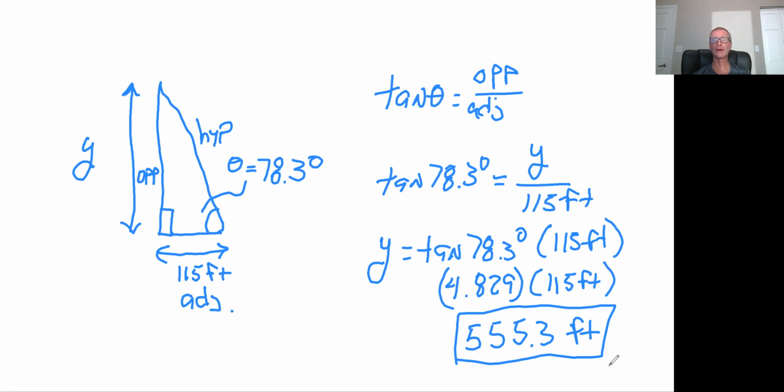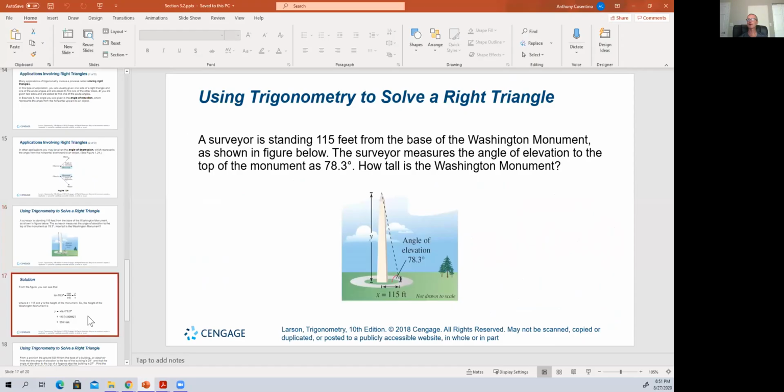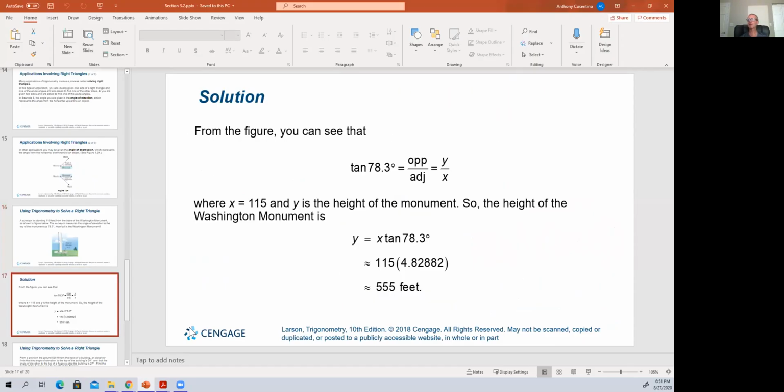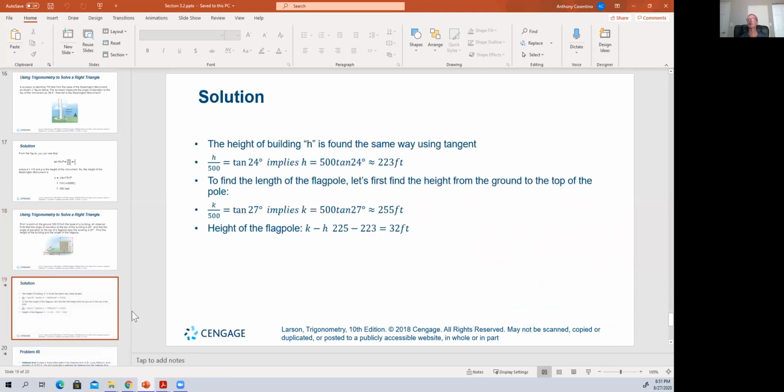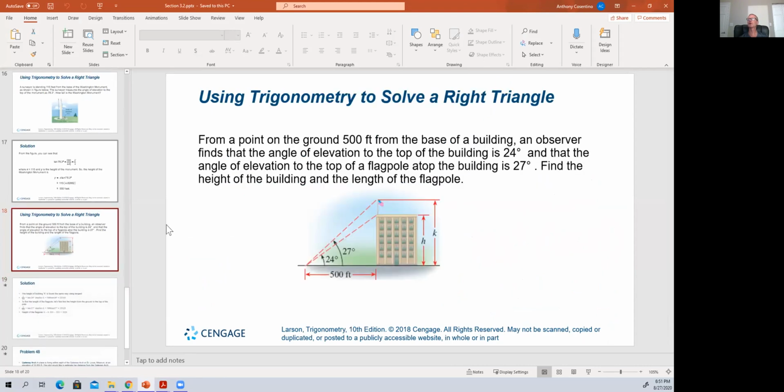I have this in the slides as well, where we do the calculation, and here I rounded just to the feet and not tenths of feet.